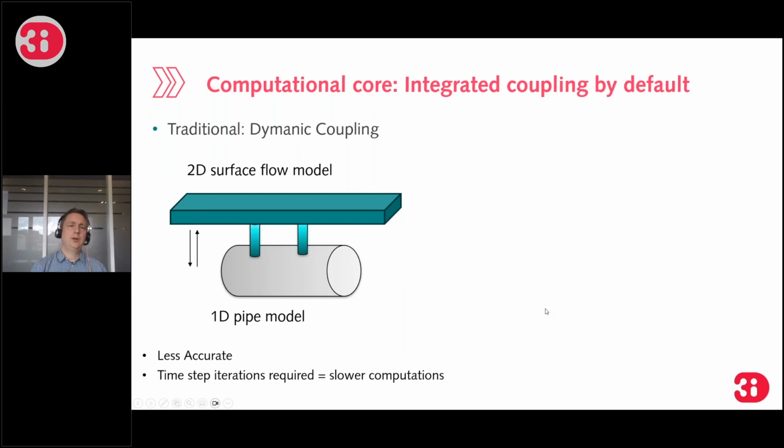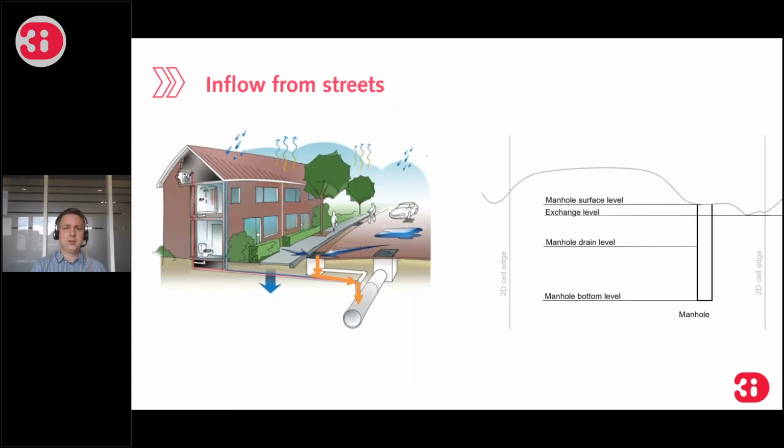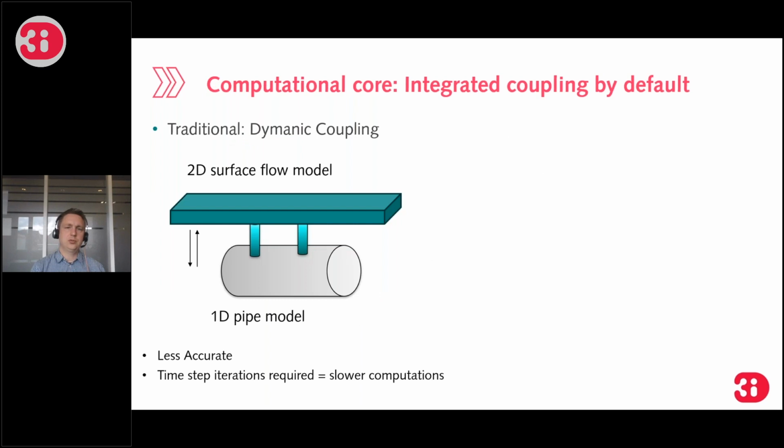And we are talking about water that's flowing from 2D to 1D and 1D to 2D and all these kinds of exchanges. It is important to note that what we are doing here in 3Di is that we take integrated coupling by default. For traditional software, it depends a bit on what papers you read or how they call it, but it's usually called something along the lines of dynamic coupling.